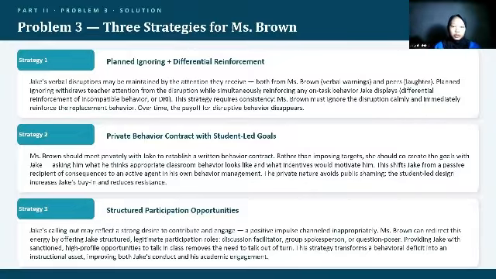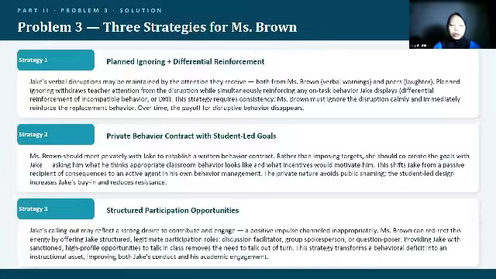Strategy 2. Private behavior contract with student-led goals. Miss Brown should meet privately with Jack to establish a written behavior contract. Rather than imposing targets, she could create the goals with Jack, asking him what he thinks appropriate classroom behavior looks like and what incentives motivate him.